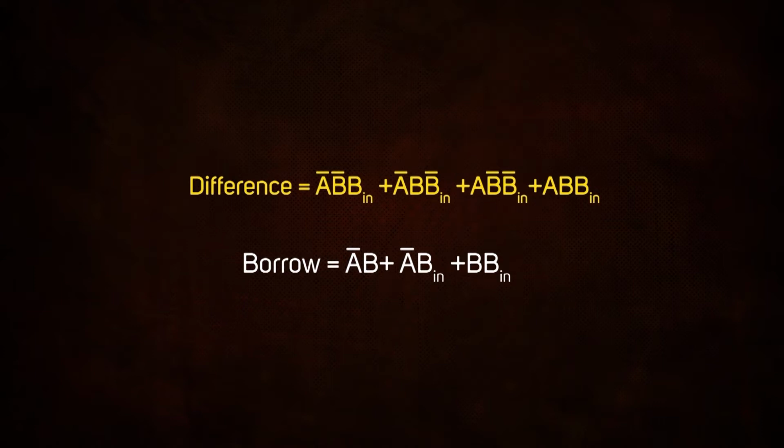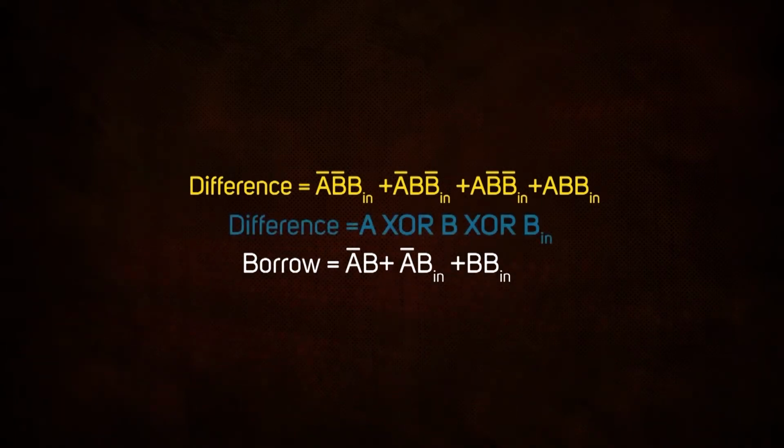So, difference output of a full subtractor can also be expressed as the exclusive OR of the input variables. The input variables are A, B, Bin. Therefore, we write difference is equal to A XOR B XOR Bin. Borrow output is the same, A complement B plus A complement Bin plus B Bin.